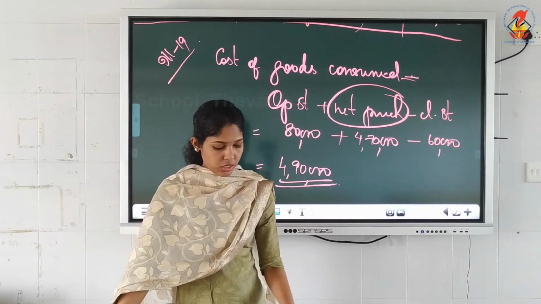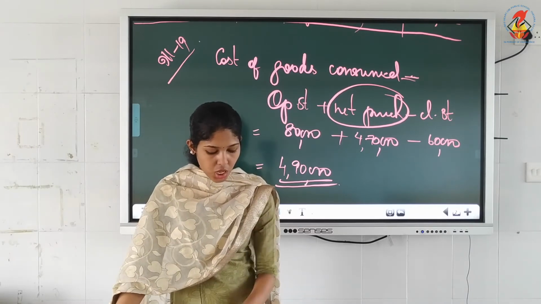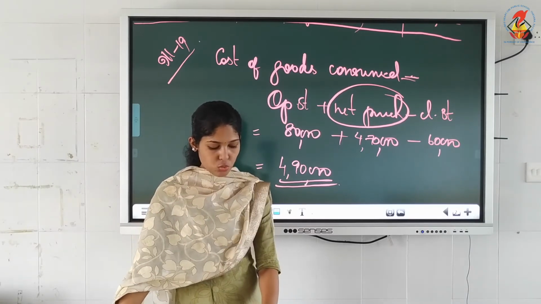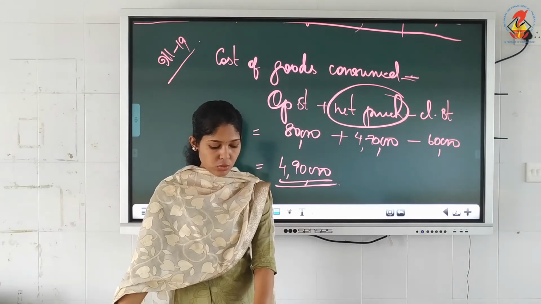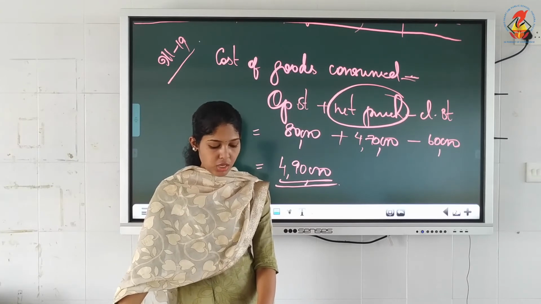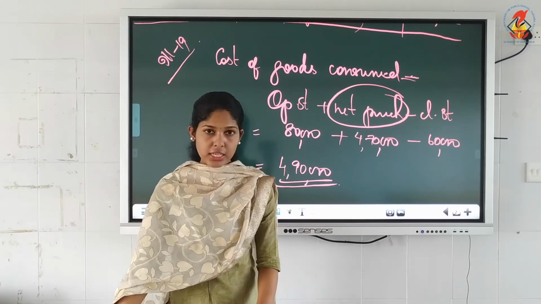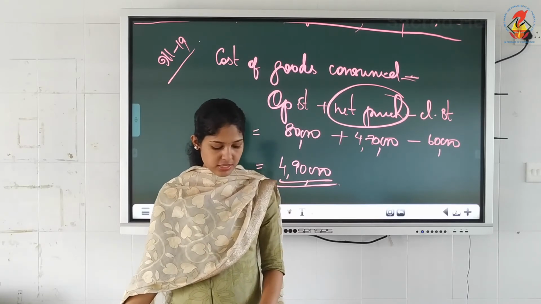Okay. Then next is illustration number 22. How are the following dealt with while preparing final accounts of Star Sports Club for the year ended 31st March 2020? One balance sheet is given to you, that is the opening balance sheet, with opening liabilities and opening assets.